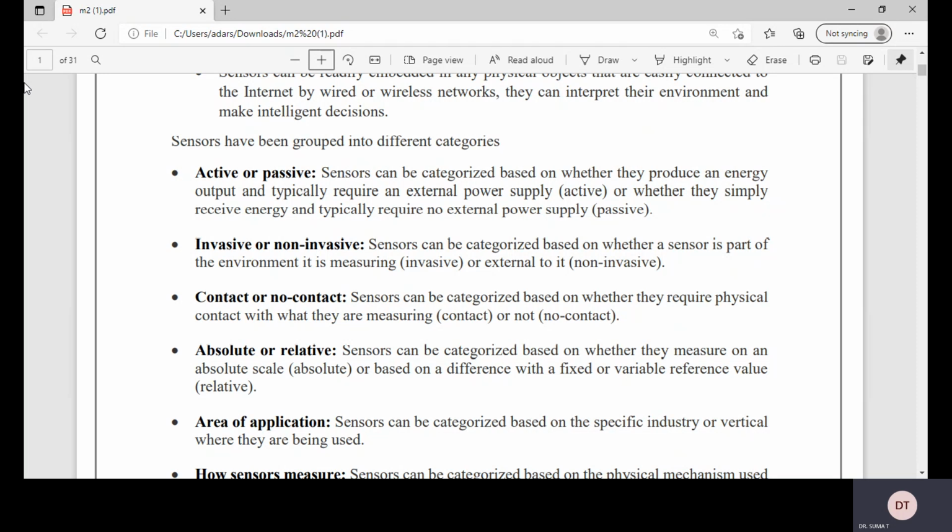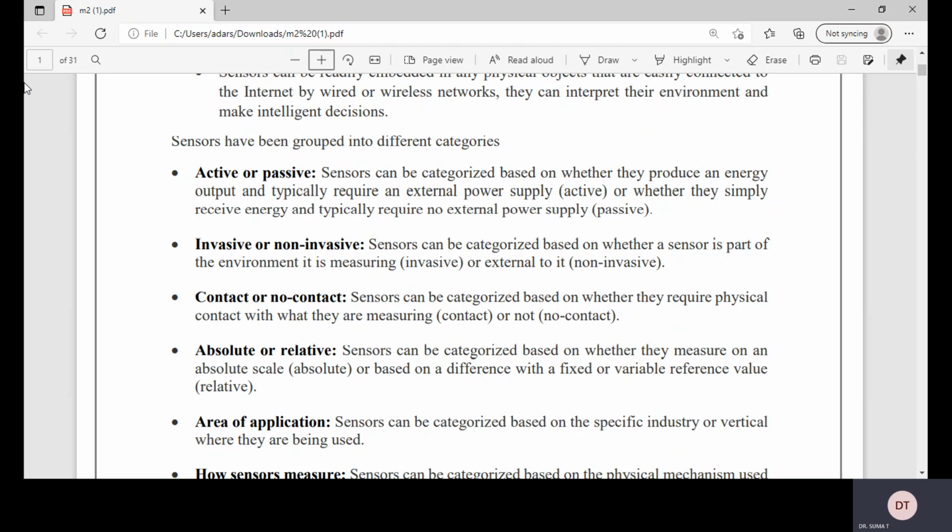Next is invasive and non-invasive sensors. These can be categorized based on whether a sensor is a part of the environment it is measuring, we call it invasive, or external to it, we call it non-invasive.